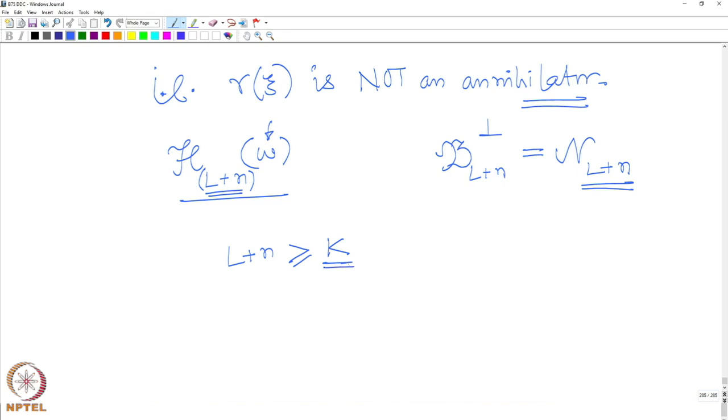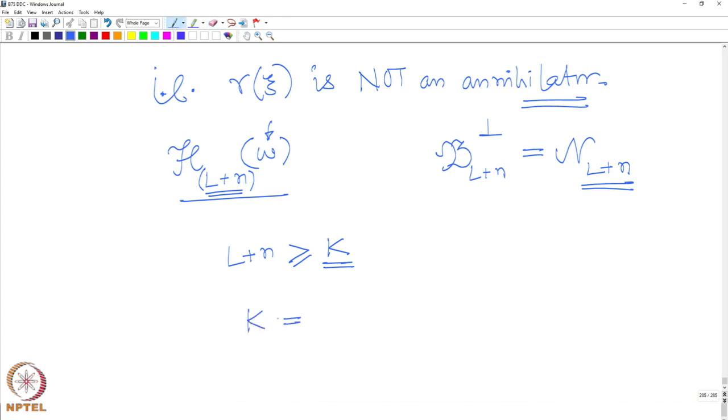Why is that so? Even when L is equal to 0, this will be true. Why is that so? What is this K? K is the smallest beyond which... let me define it precisely.